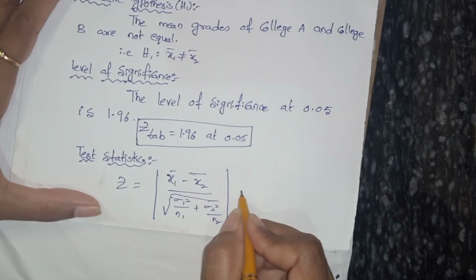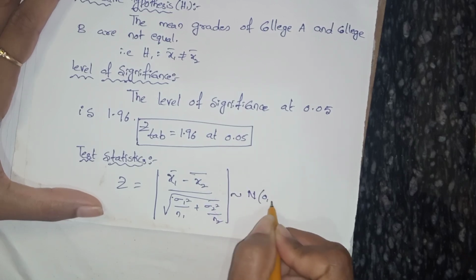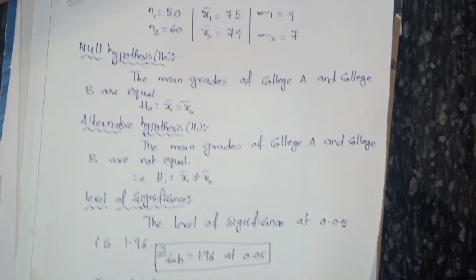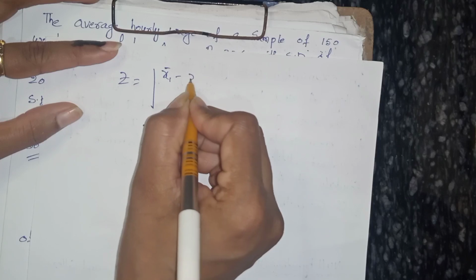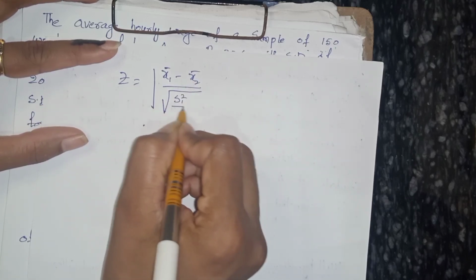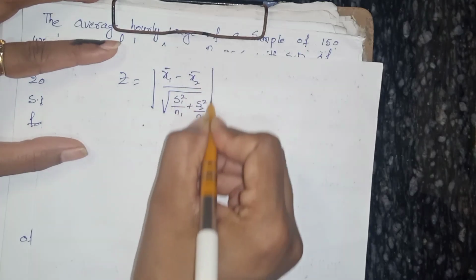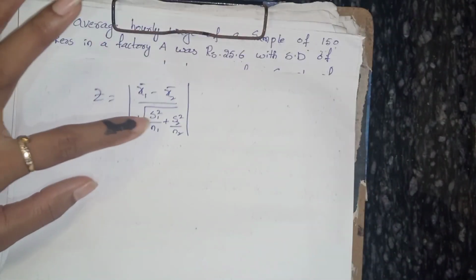That follows a normal distribution with mean 0 and variance 1. Or else we can write this formula in another way: Z equals mod of x1 bar minus x2 bar divided by the square root of s1 square by n1 plus s2 square by n2. So instead of sigma 1 and sigma 2, you can also use S1 and S2.